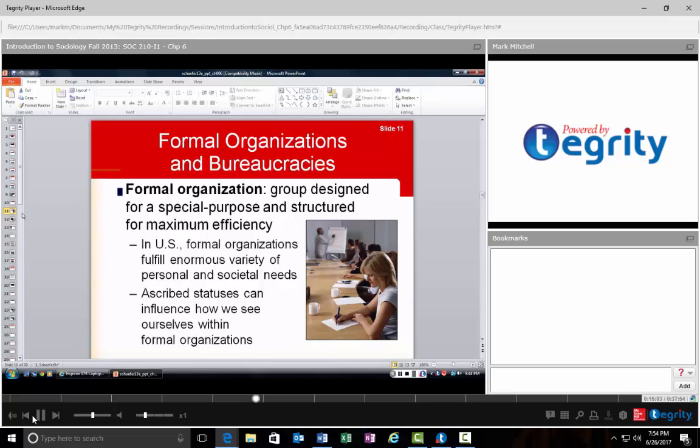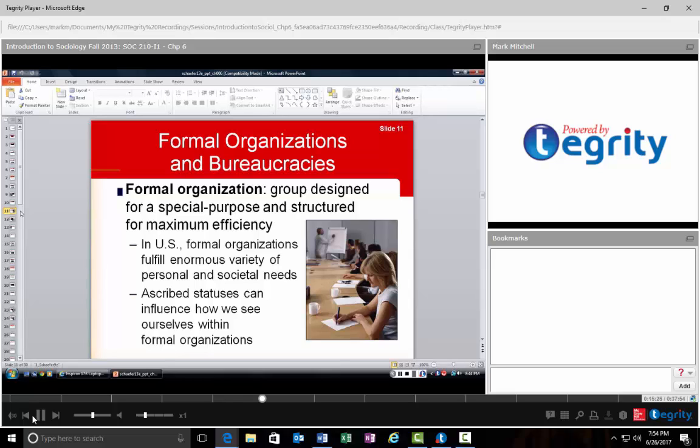All right, so the main purpose of a formal organization is really to get things done, to be efficient in what you do. They've been around for thousands of years, simply because of trying to get things done. We could maybe argue about some of the efficiency when it comes to government as well as business.